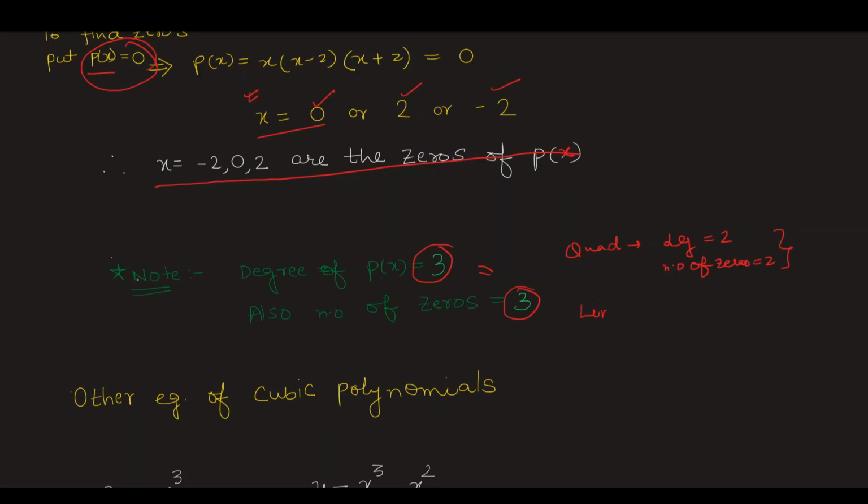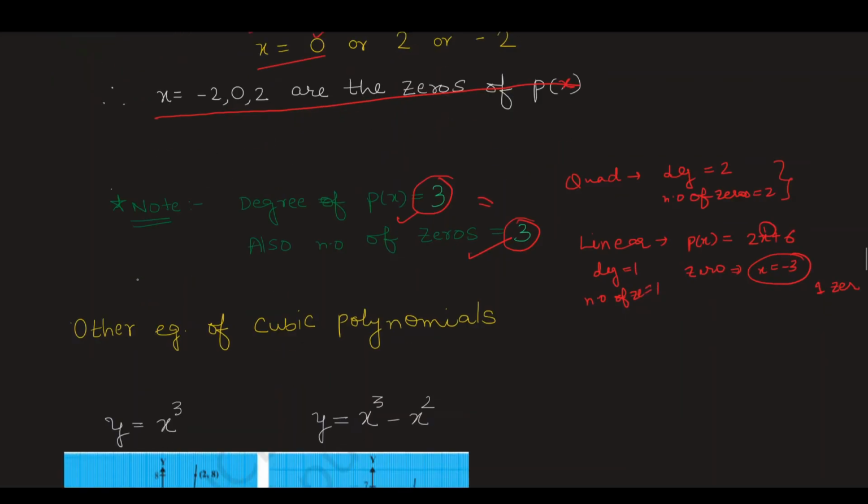In the linear case, remember we have p(x) is equal to 2x plus 6, and we have found the zero to be x is equal to minus 3. See, it is only 1 zero and its degree is 1. So in the linear case, degree is 1 and number of zeros is also 1. So the degree is equal to the number of zeros.